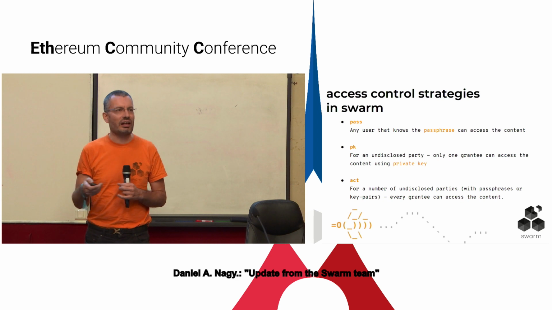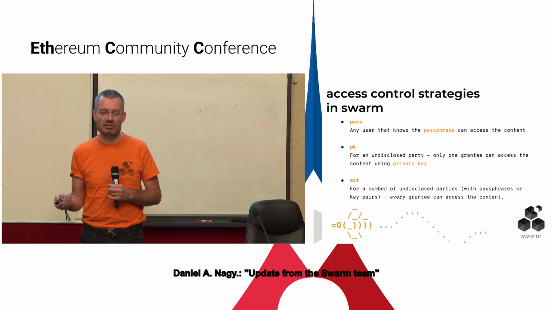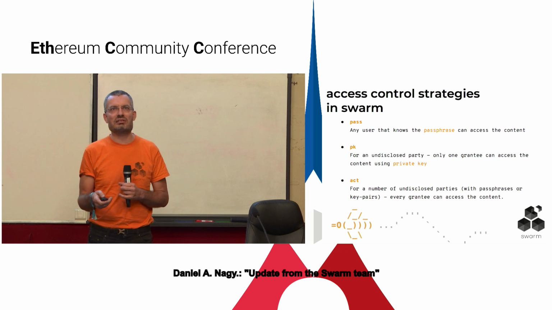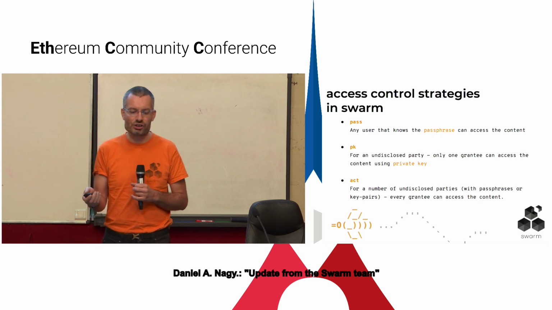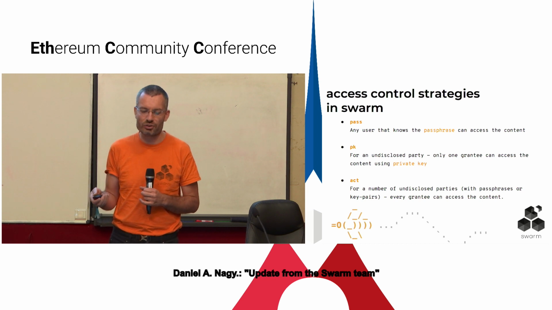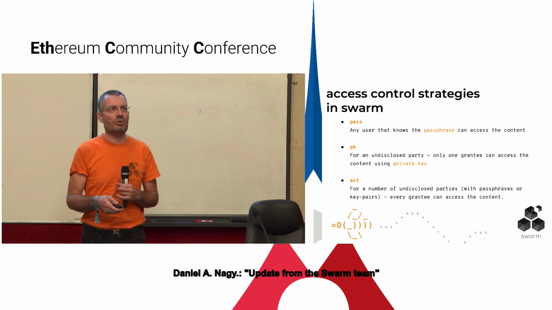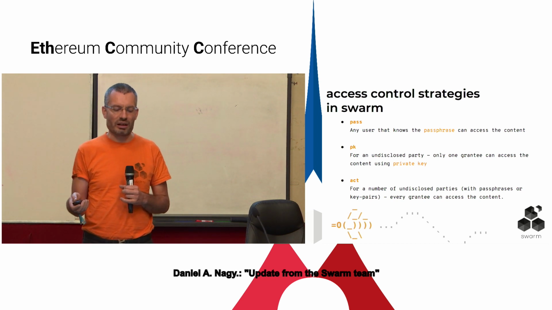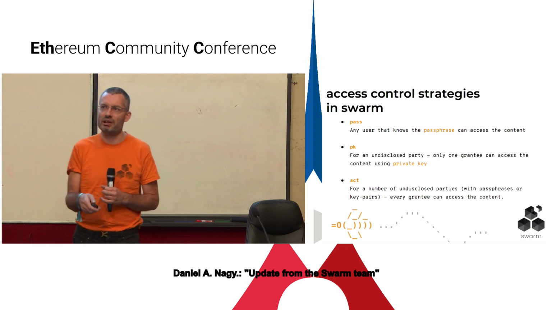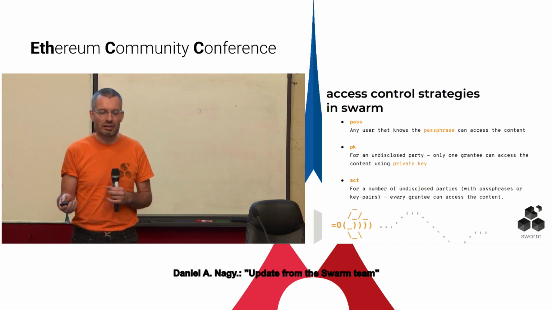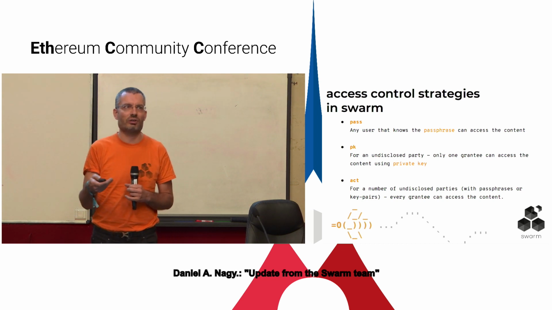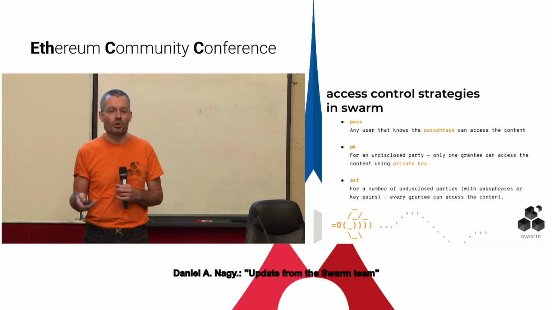So to solve that kind of problem, we have the most sophisticated access control mechanism already built into Swarm, which is the ACTs, the access control tries. This is the tree version of the ACLs, access control lists. And in this case, you have a set of undisclosed parties. Some of them can be password-based, others can be public key-based, and both of them can look up whether they have access to that particular content, but they cannot determine who else does.